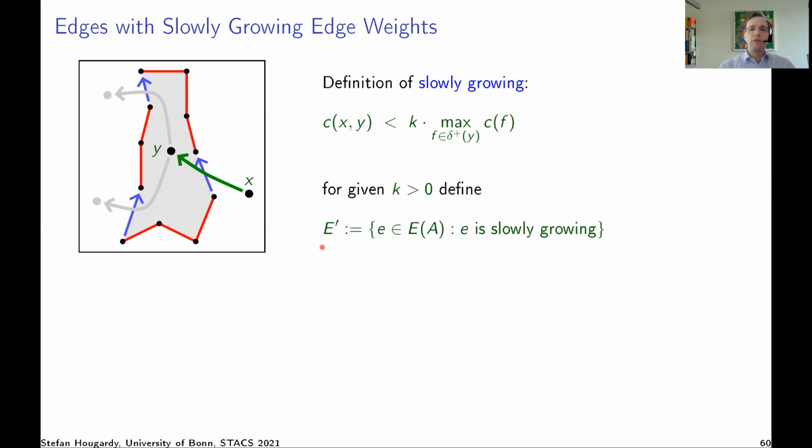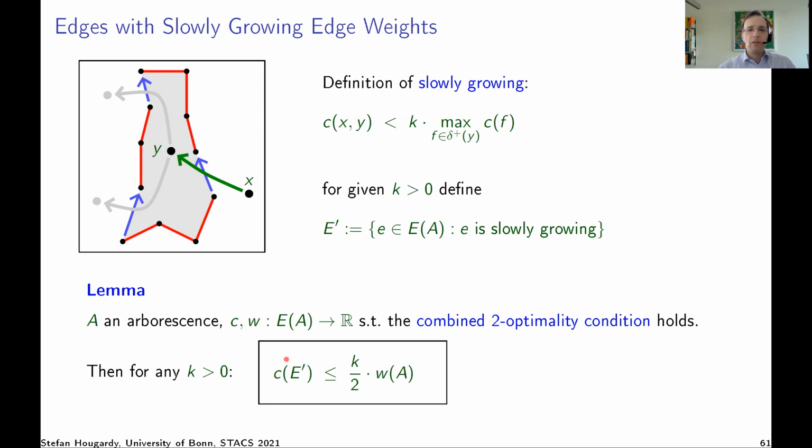So E prime contains all slowly growing edges. Then it's not too difficult to prove that we can bound the total C weight of these slowly growing edges by K over 2 times W of A. That's the first bound that we get for the slowly growing edges. This result holds for all values of K, and later we will see what the right value for K is that we should choose.